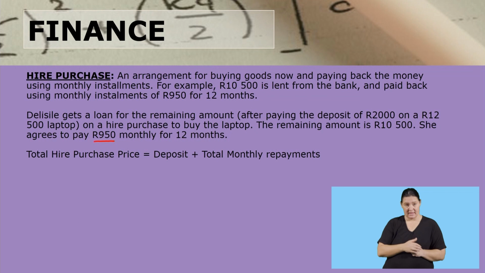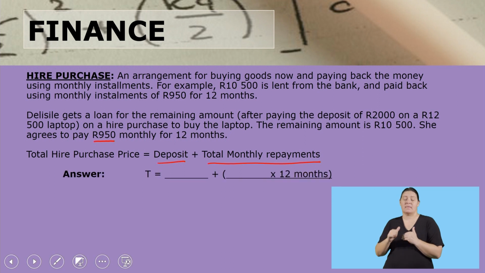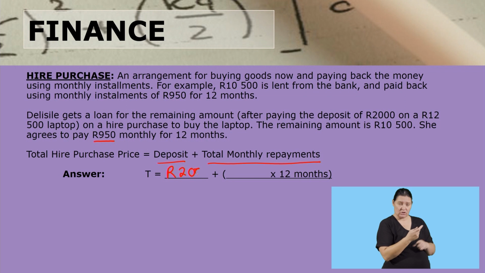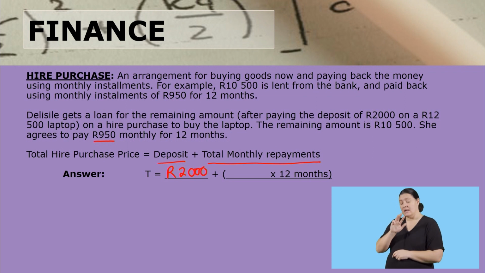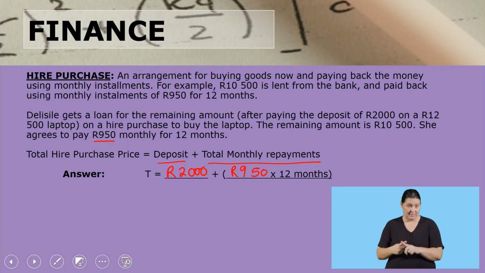And we find that by saying the deposit that she paid already plus the total monthly repayments. So we know that the deposit was how much? That was the 2,000 rands. And how much did she agree to pay back to the store? That is the 950 rands for 12 months.